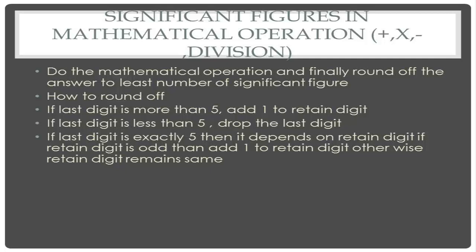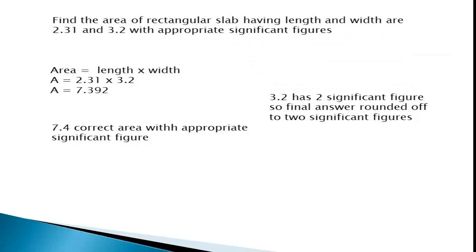Now we are going to understand this by a question. Find the area of a rectangular slab having length and width 2.31 and 3.2 centimeters, with appropriate significant figures. We all know the area of the slab is length into width, and 2.31 multiplied by 3.2 gives 7.392. But this is not the correct answer.